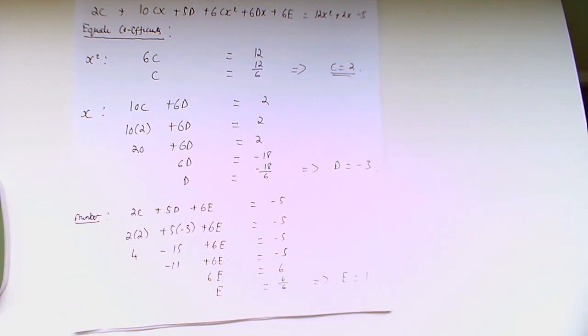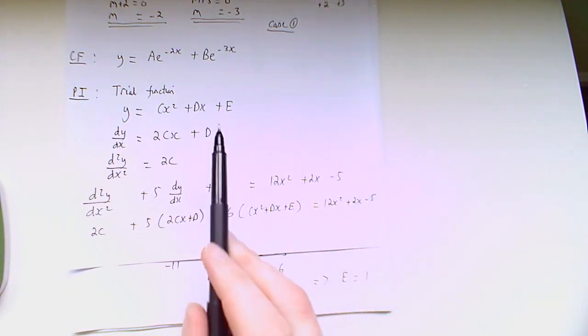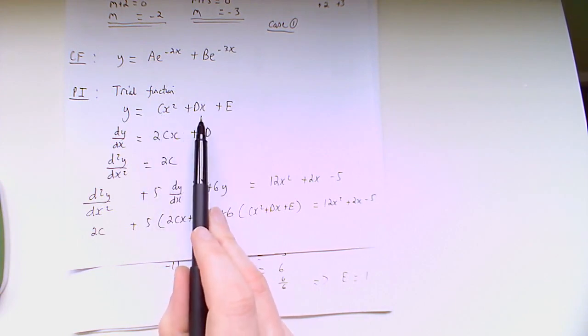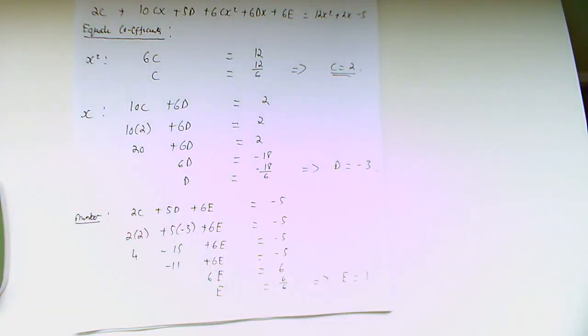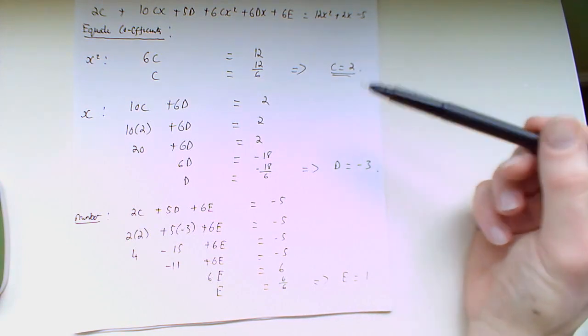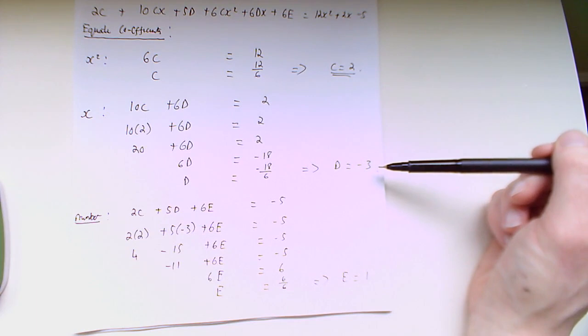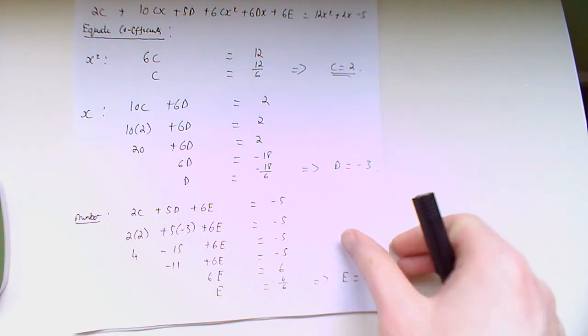Okay, so what I've done is I've set out my particular integral, my trial function, which was cx squared plus dx plus e, and I've worked out over the course of the last page that c in that function is in fact 2, d in that function is -3, and e in that function is 1.